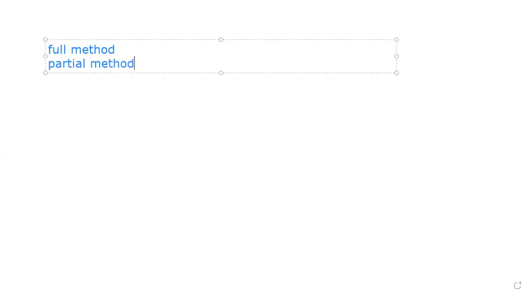Remember, the difference is that when you're doing the full method, you only determine goodwill attributable to the parent.